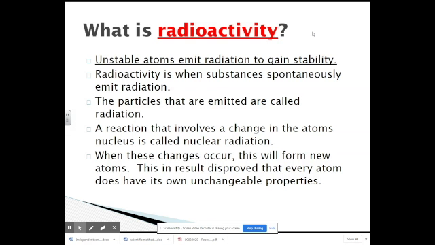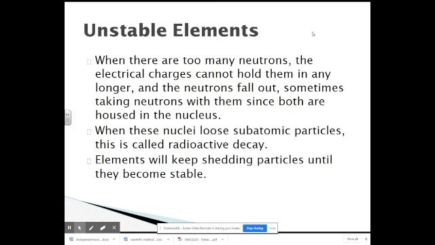And when these changes occur, it'll form new atoms. This proves that not every atom has its own unchangeable properties, because radioactive substances do change their own properties. So unstable elements, like we've already talked about, that's where there are too many neutrons, so it's going to give off that energy to get rid of those neutrons to make it stable.